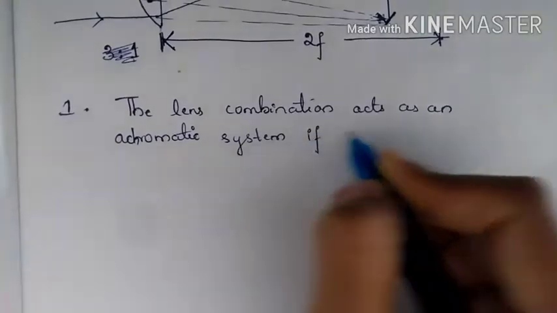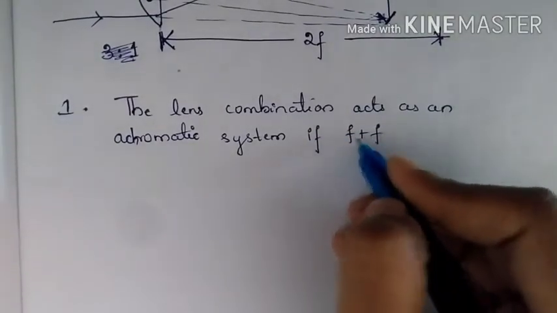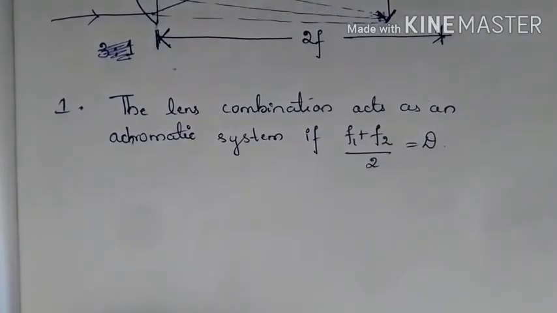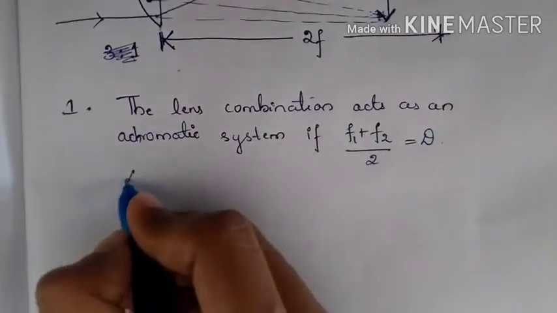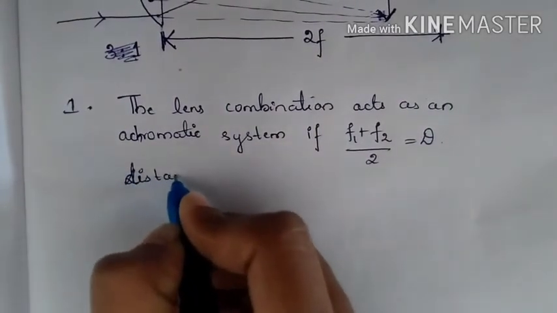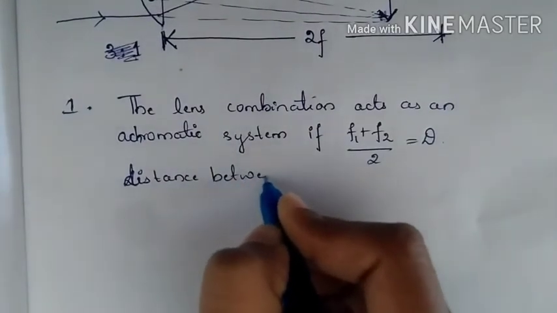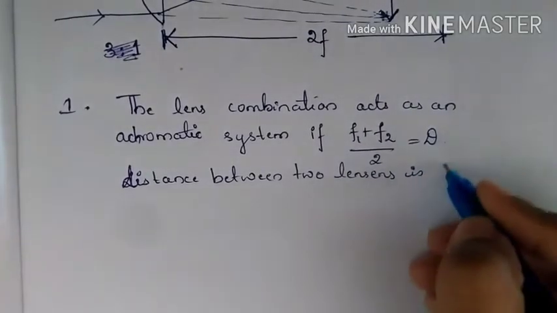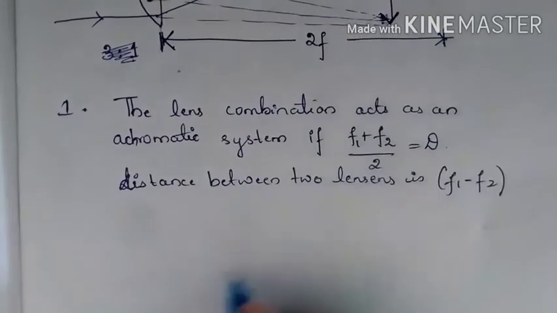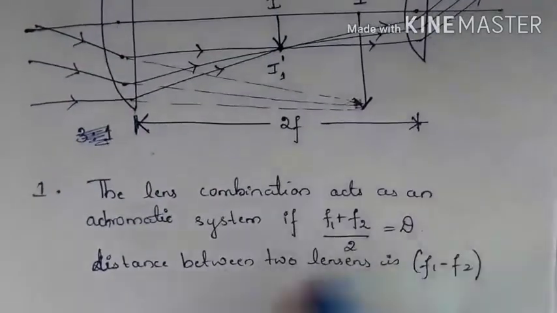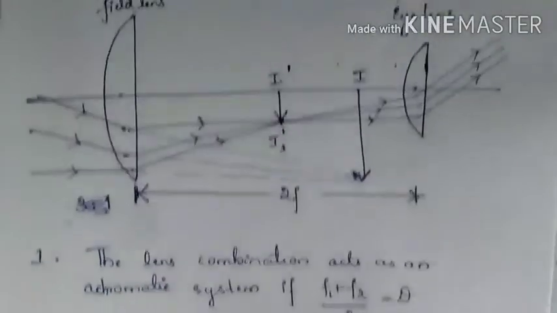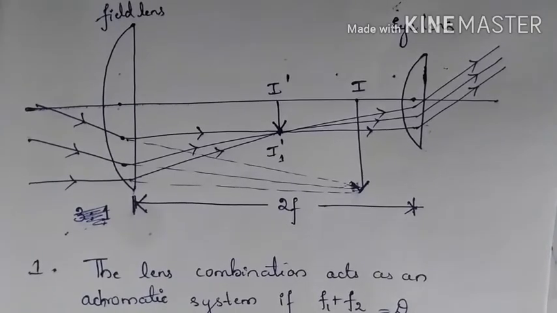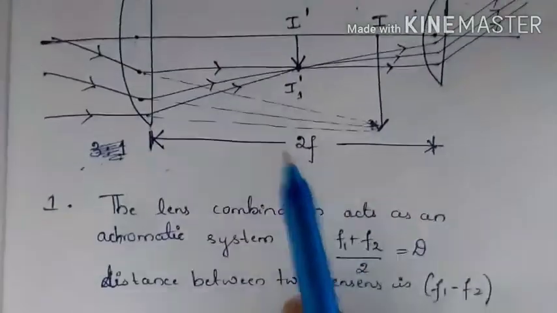So if (f1 plus f2)/2 is equal to d, so the distance between two lenses is f1 minus f2. So this we have already seen, the ratio of focal length is 3:1 and the distance between the two lenses is f1 minus f2. So from that we wrote it as 2f.